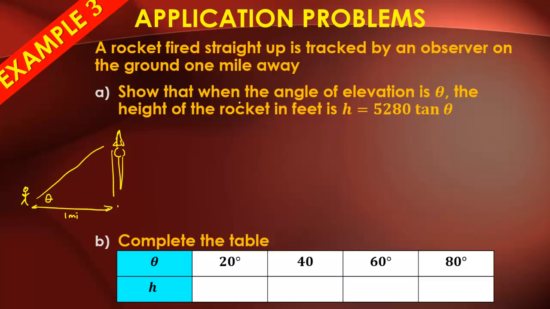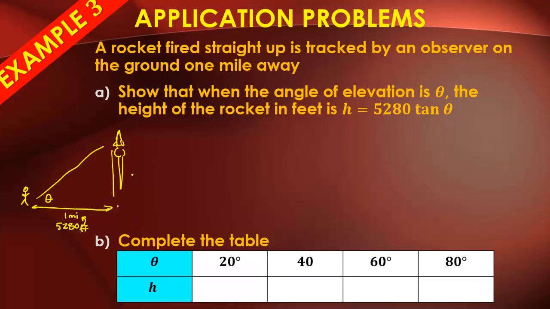We need to show that when the angle of elevation is theta, the height of the rocket in feet is h equals 5280 times the tangent of theta. Well, we know that 1 mile equals 5280 feet, so that's how we got that. And to show it, make sure you do show that.